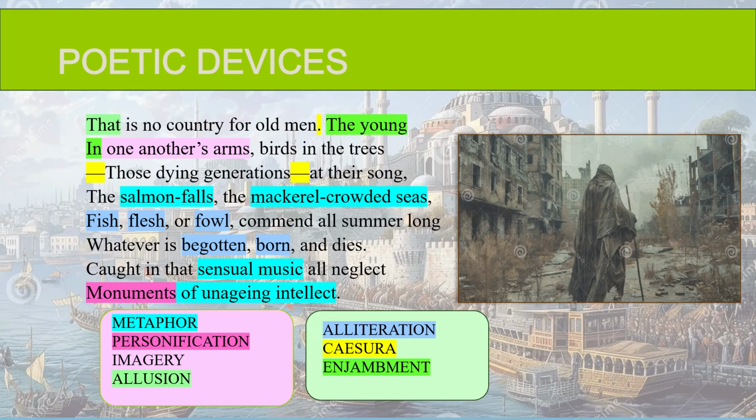You have a hyphen here and a hyphen here in the third line. That's caesura. What is an enjambment here? Enjambment is a continuation into the next line. It's a poetic device where a sentence or phrase continues past the end of a line without punctuation.